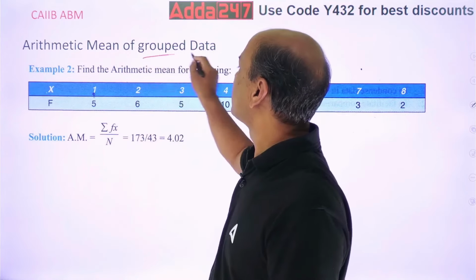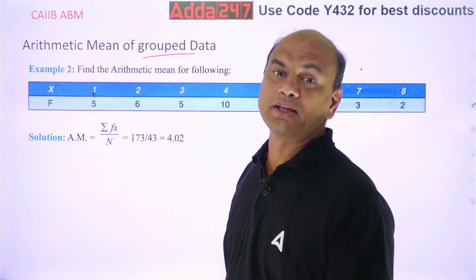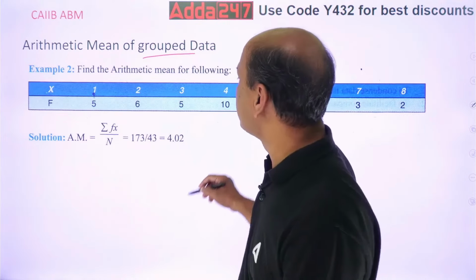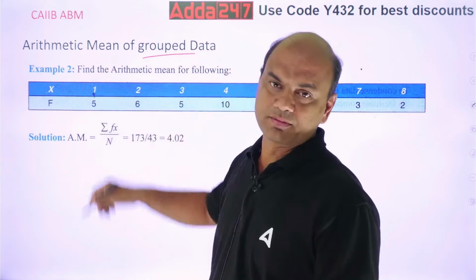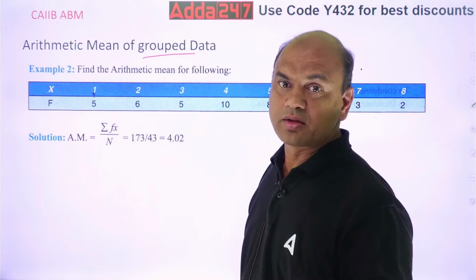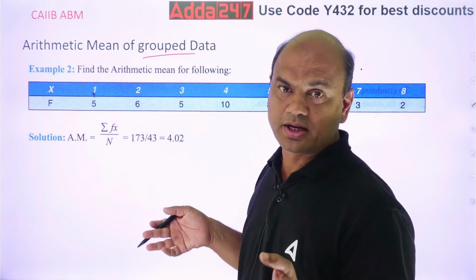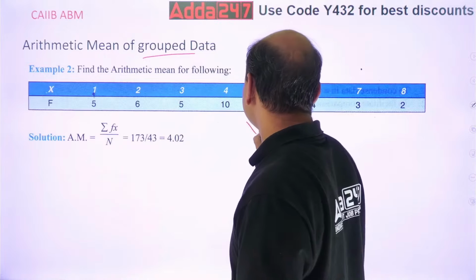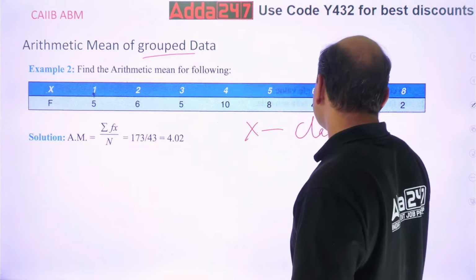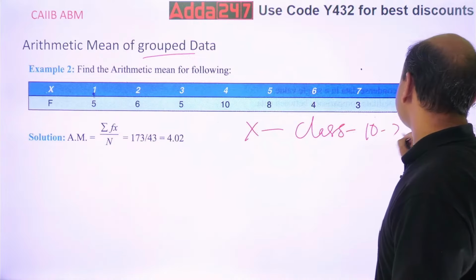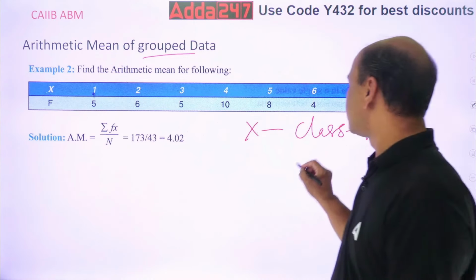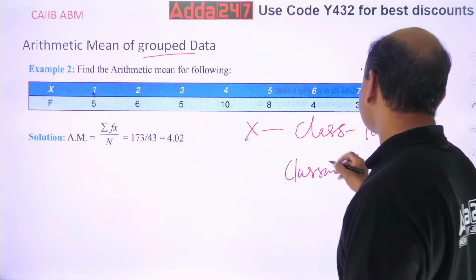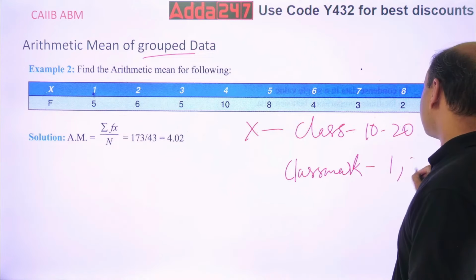Now see here, I have written it over here grouped, but why is it grouped? The reason is, group data is whenever you have X and F both, X and frequency both. Now this X can be in the form of class, like 10 to 20, 20 to 30, or in the form of class mark, like 1, 2.